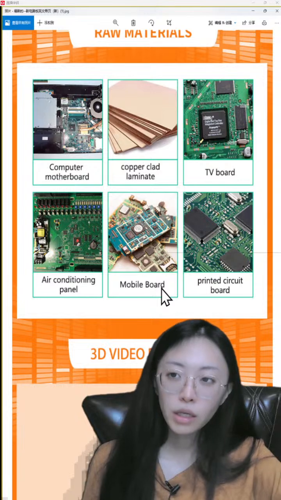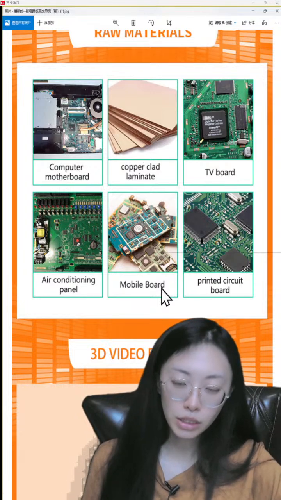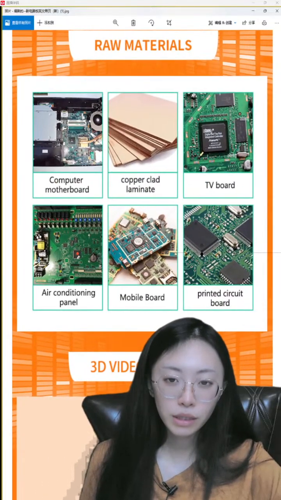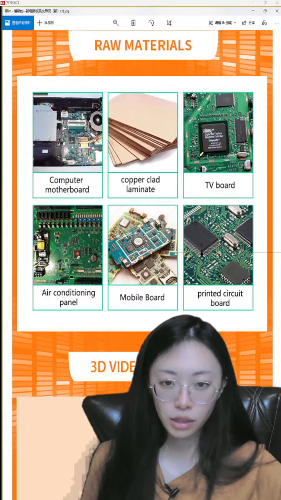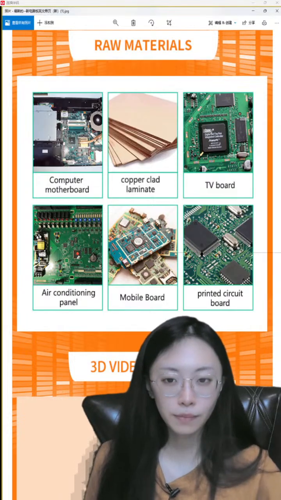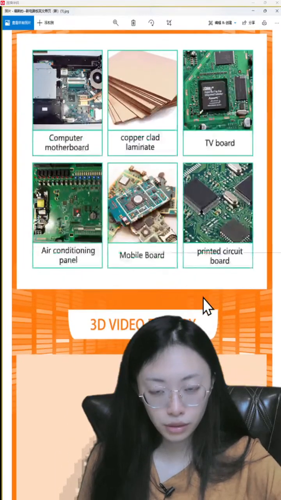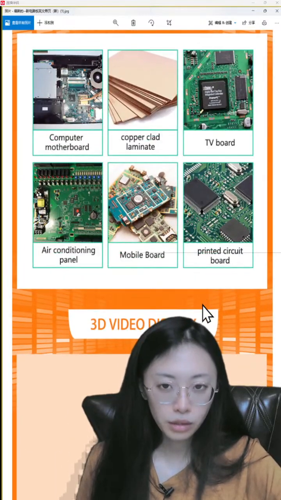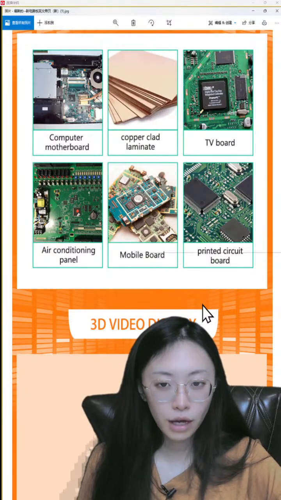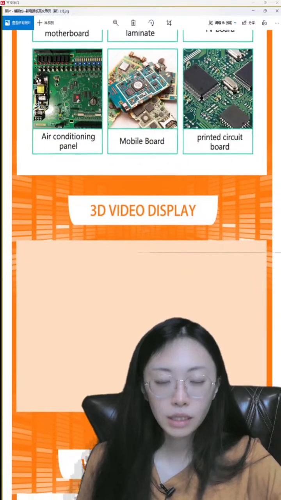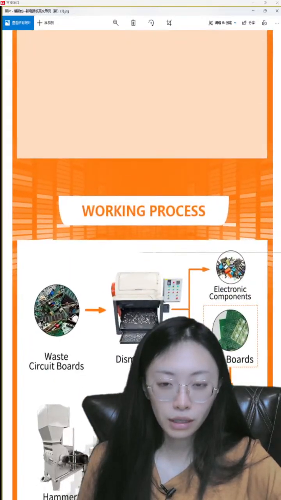If you just want to crush everything, then we don't need the component removal machine or dismantling machine. But if you want to recycle the copper and resin fiber with high quality, then you can remove all these components first, and you can sell them directly.